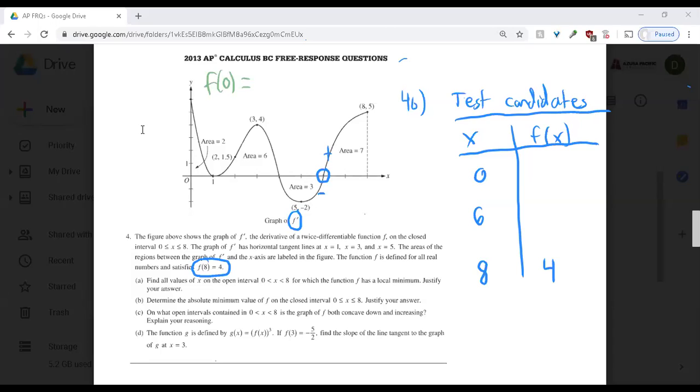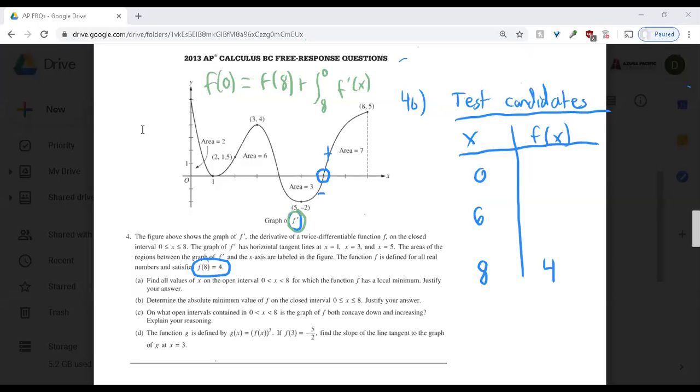So my starting value is going to be f of 8. My net change is going to be the integral. We're starting at 8, so that goes at the bottom, and then we're going to finish at 0. So we're working backwards. We're going from right to left. We're starting on the right, and we're getting back to the point on the left where x equals 0. We're given the derivative graph, so it's going to be f prime of x.